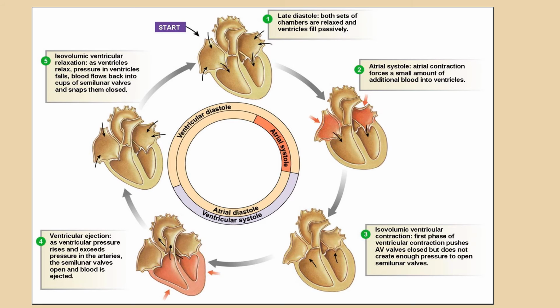And that brings us back to panel number 1. We're still in diastole. The atria are relaxed, the ventricles are relaxed. This is sometimes referred to as the relaxation period, and passive filling is happening. Blood is flowing freely into the atria and through the open AV valves into the ventricles. And we're back where we started again.